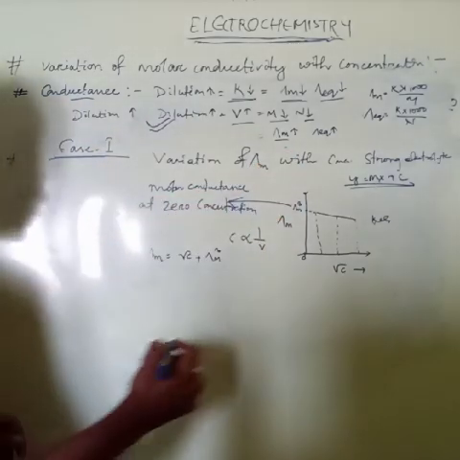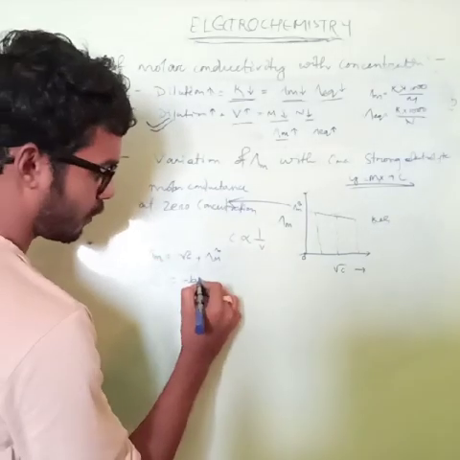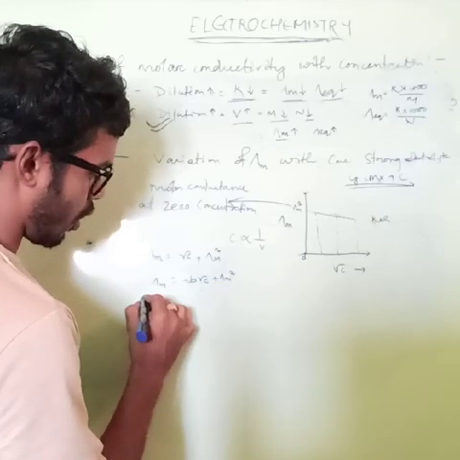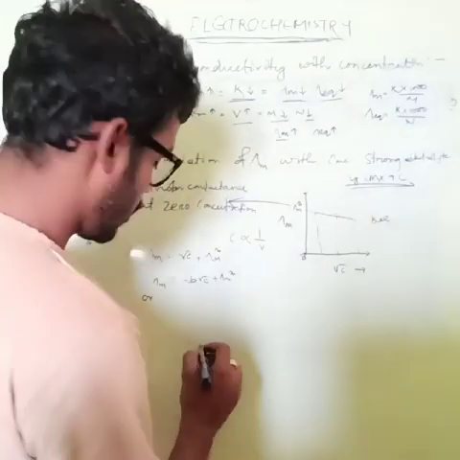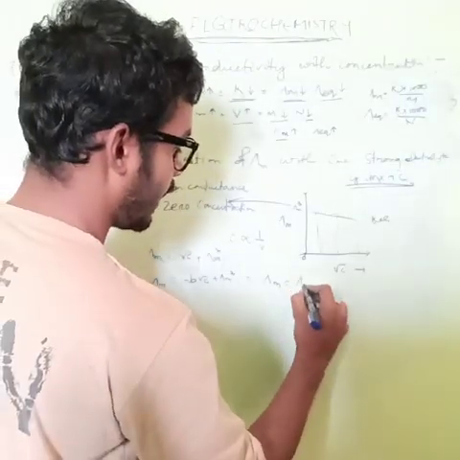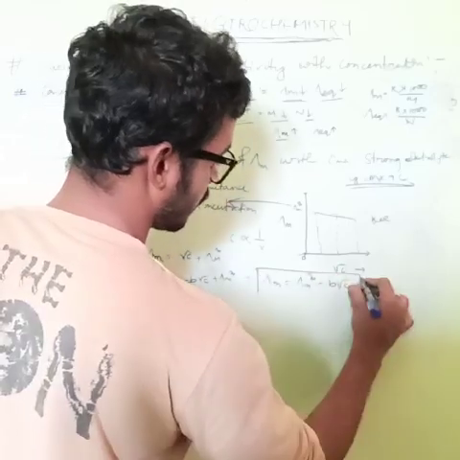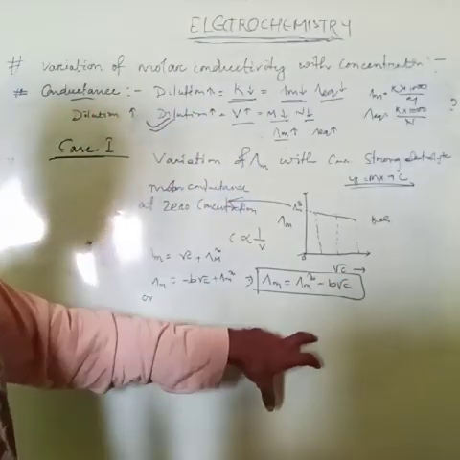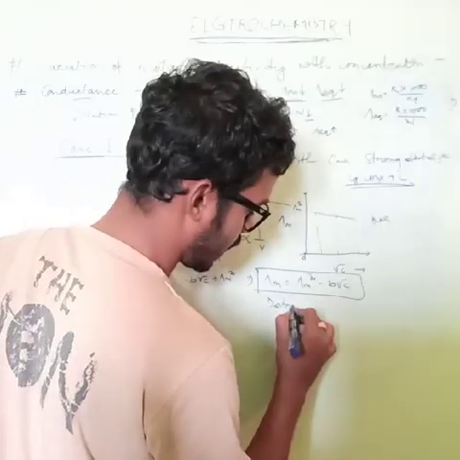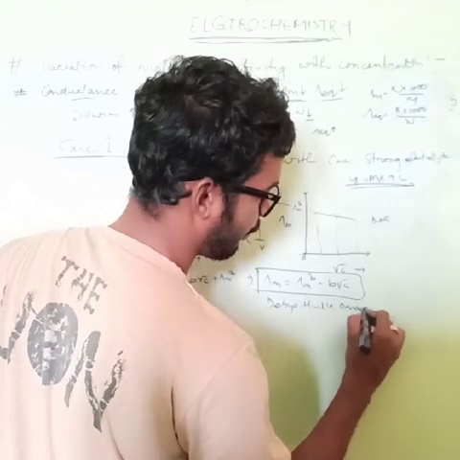The slope is obviously negative, suppose you take negative b. So lambda m equals lambda m infinite minus b root C. This is the formula that he formulated, and this formula is known as the Debye-Huckel-Onsager equation.